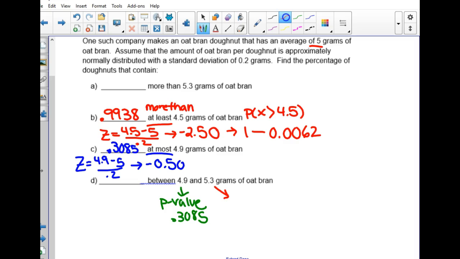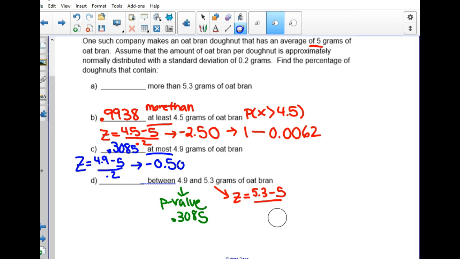And then 5.3, let's find a z-score. 5.3 minus 5 divided by 0.2, and what do we get?